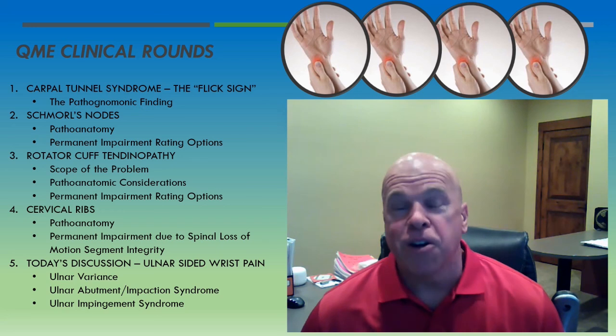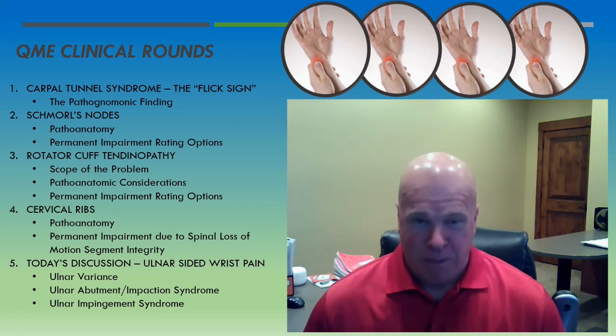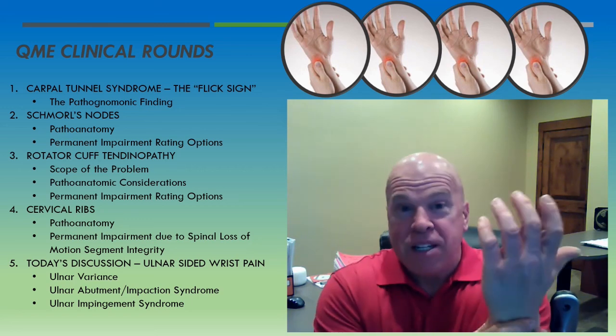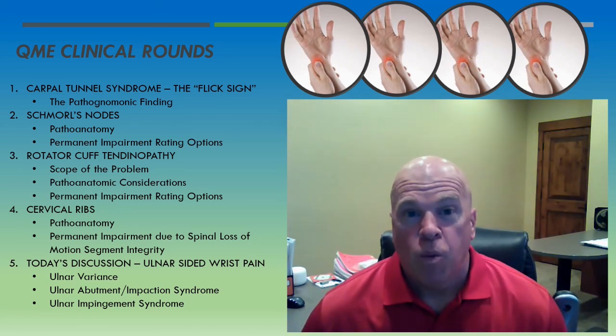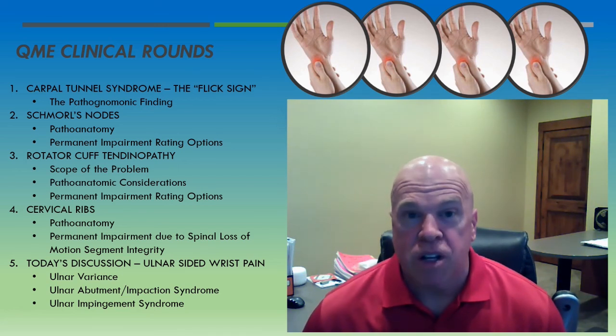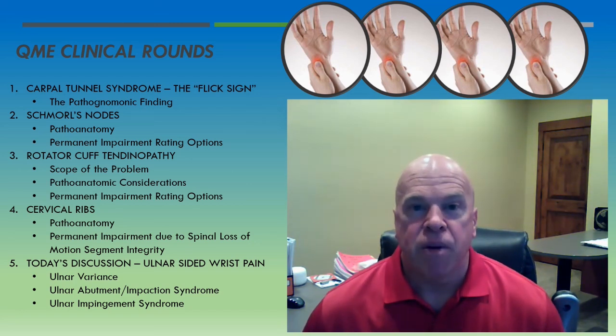Are you familiar with the clicking and the clunking and the grating and the grinding that accompanies dysfunction of the ulnar aspect of the wrist? Well, if you've experienced this type of pain and clicking and clunking yourself, you know that it's a very disconcerting and very concerning type of condition.